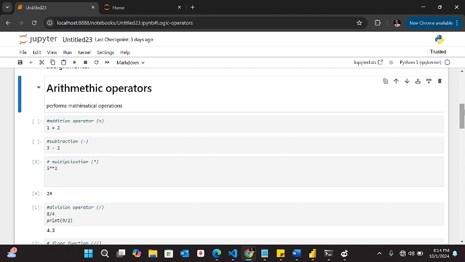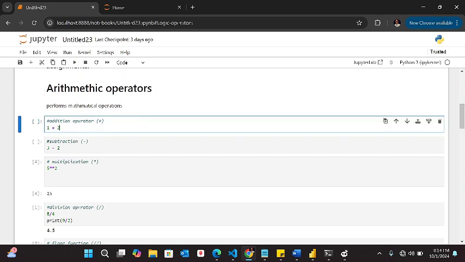The addition operator is symbolized by the plus sign, and it helps us to perform mathematical addition on two or more values.